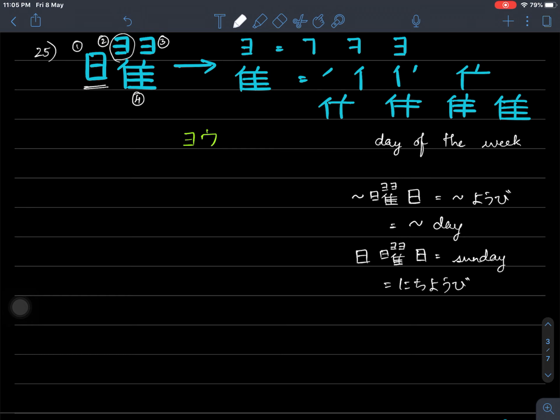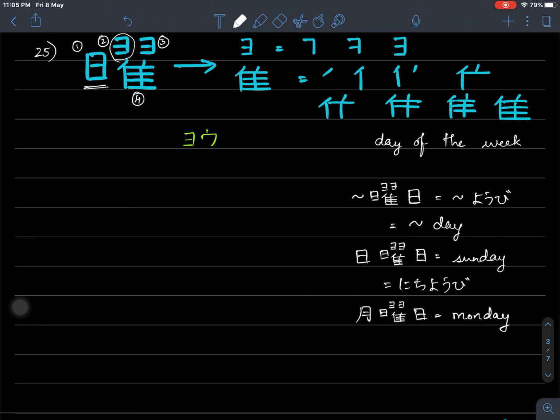Now let's have a look at another one. I think I got the stroke order wrong, so let me rewrite that part. This of course stands for Monday, because Mondays are named after the moon.